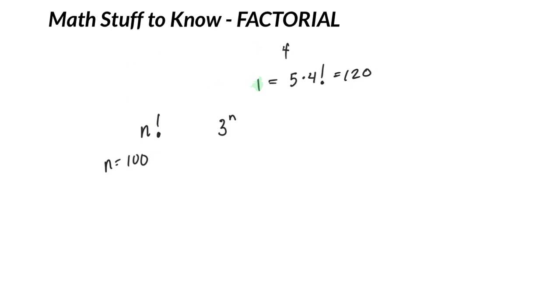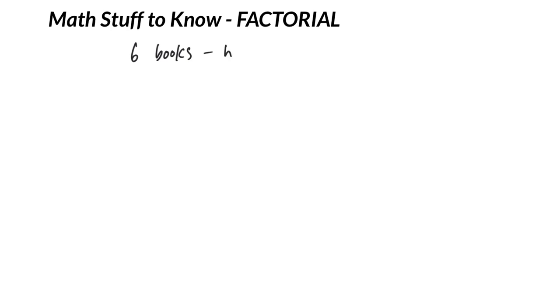Now, we often use these to count things. For example, if I had 6 books on a shelf, how many orders could I have? Well, think about you've got 6 spots on your bookshelf.